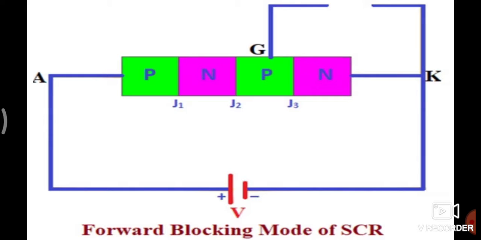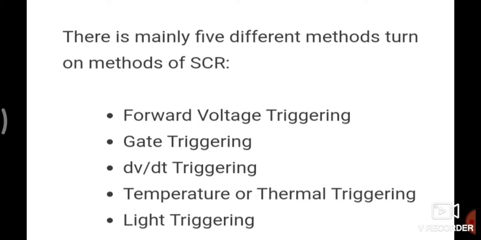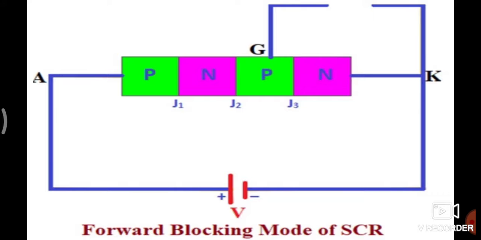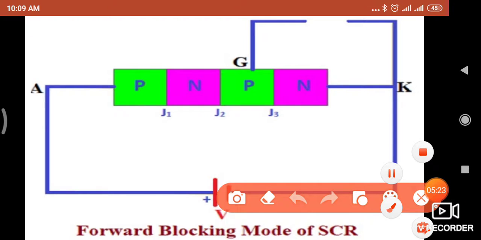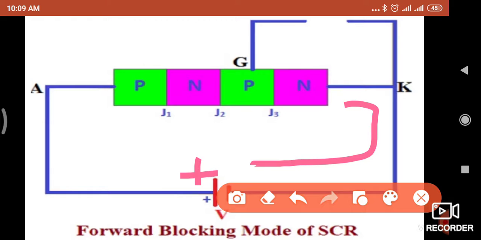Let us see the first one. So this is the basic diagram for forward blocking mode of the SCR. So first one is forward voltage triggering. Let's see how this is going to trigger the SCR by using the first method. See here, this is the SCR and the positive supply is connected to anode and negative is connected to cathode.